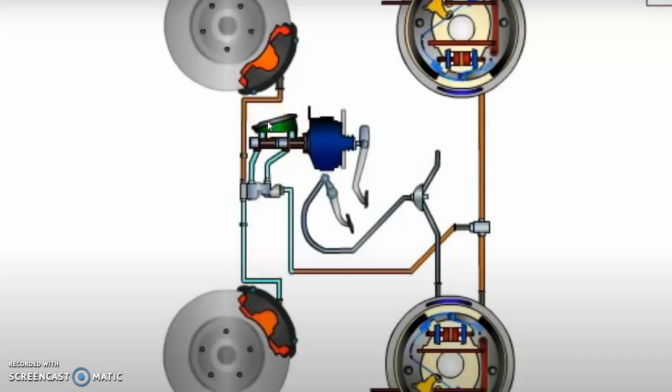In the reservoir we store the brake fluid, and there is a cap on which a label is mentioned, showing up to which mark we have to fill the hydraulic brake fluid. For this we have a piston arrangement and a spring here.